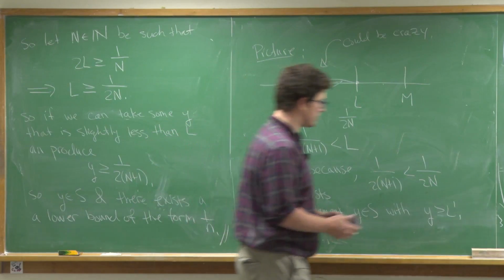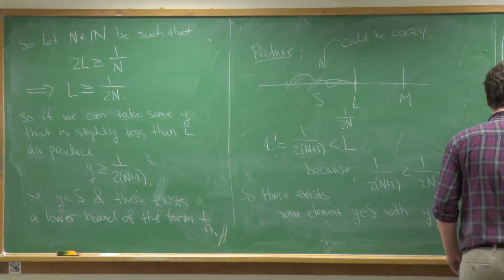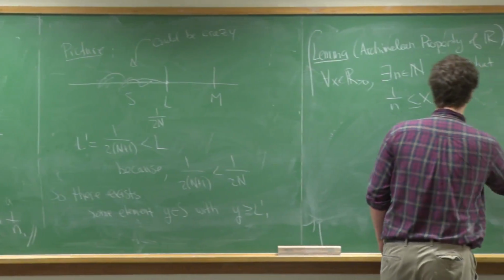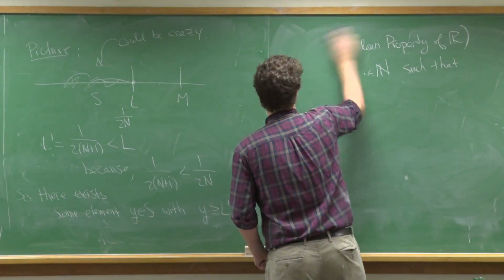The contradiction comes from the fact that, so what's the definition of y? Y is supposed to have the property.